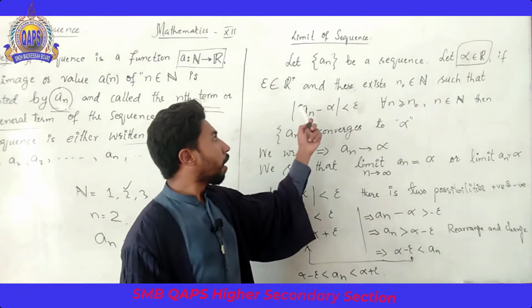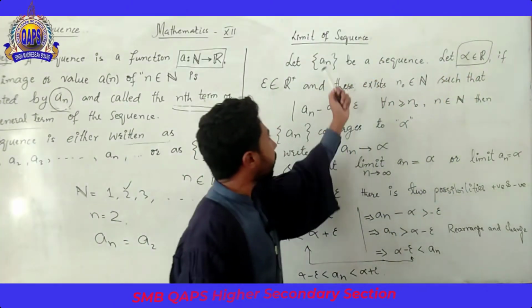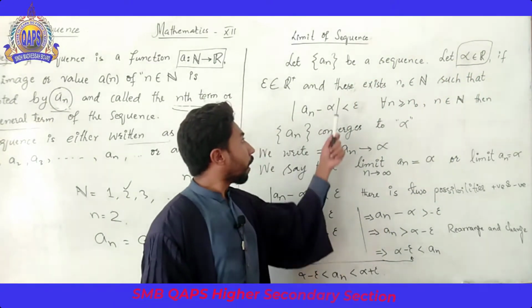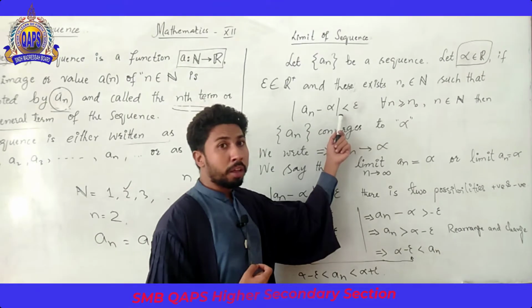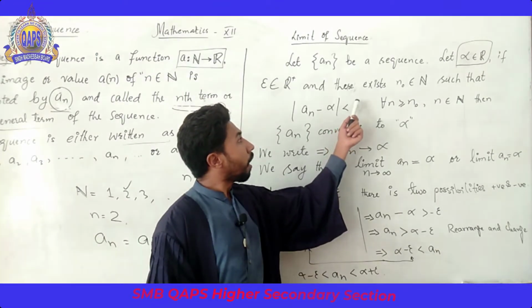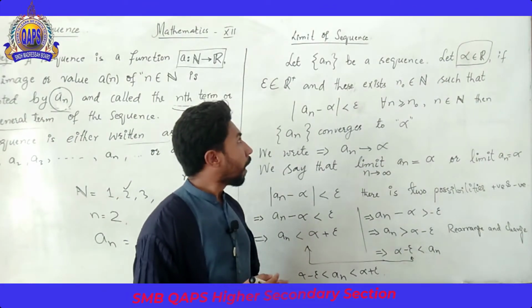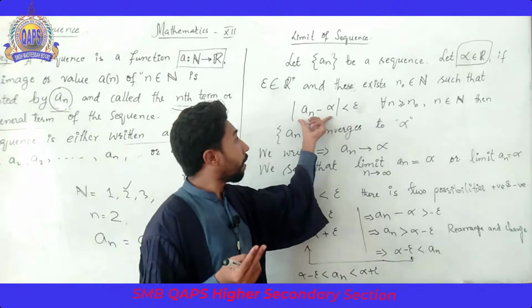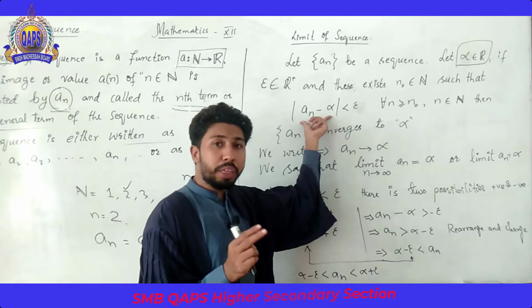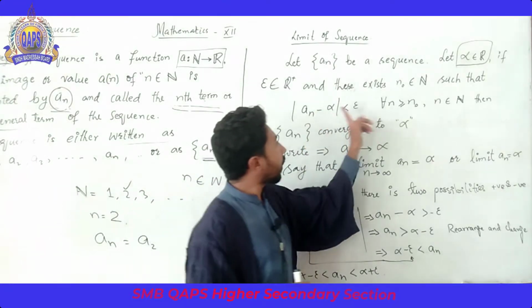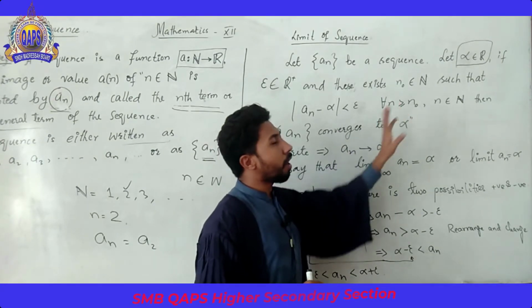When we subtract this alpha from the general term in the modulus sense, the outcome will be less than epsilon, and there are two conditions applied. The modulus can be written in two forms, number one positive and number two negative, for all n greater than or equal to n naught.